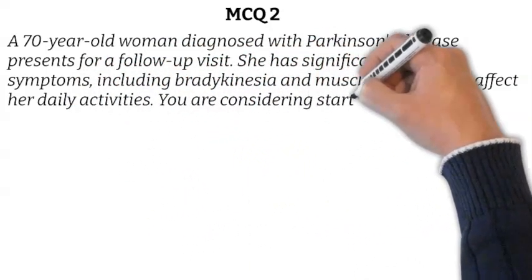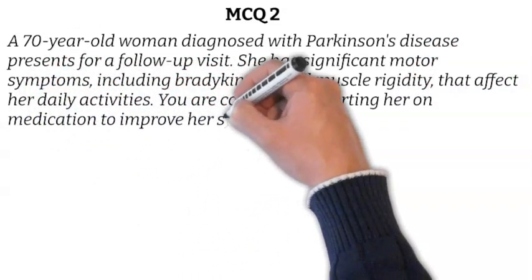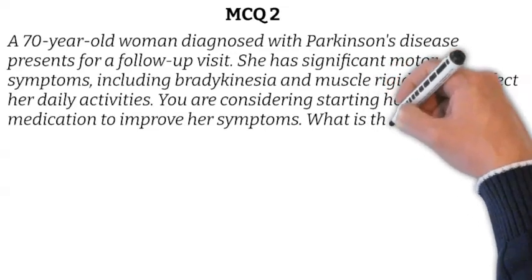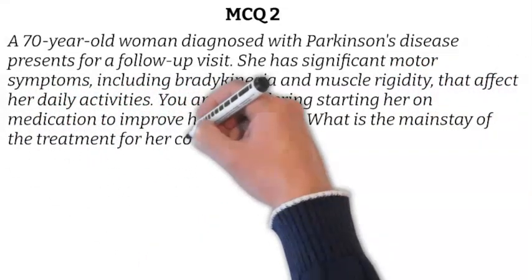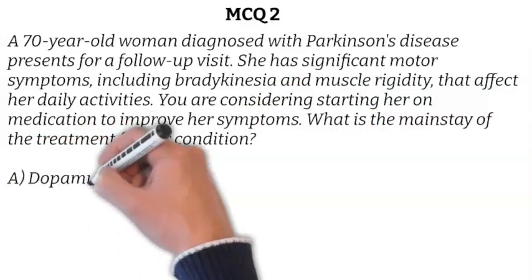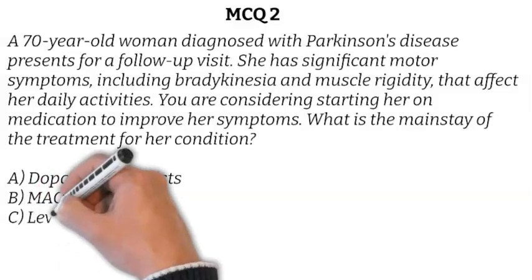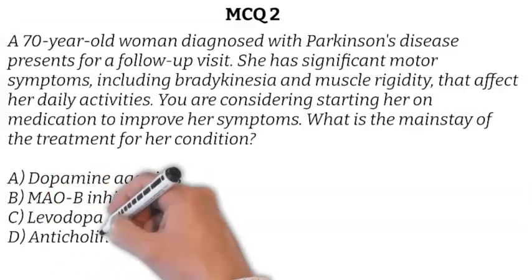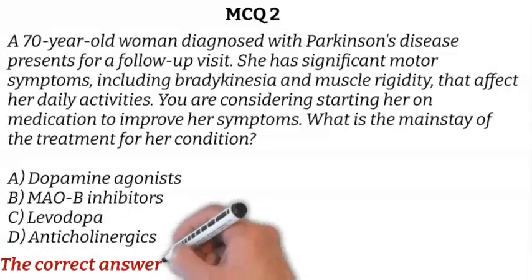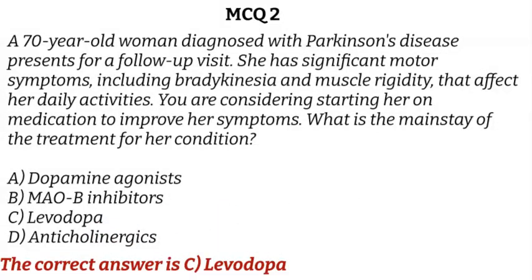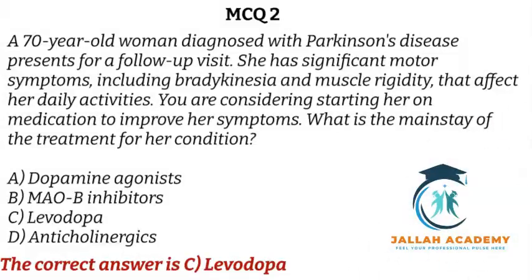You are considering starting her on medication to improve her symptoms. What is the mainstay of treatment for her condition? Is it a dopamine agonist? No. Is it a monoamine oxidase B inhibitor? No. Is it levodopa? Yes. Is it an anticholinergic? No. The correct answer is C. Thank you very much, everyone.